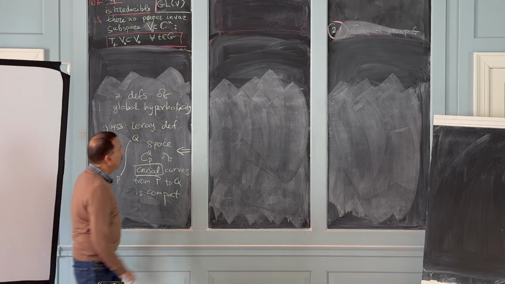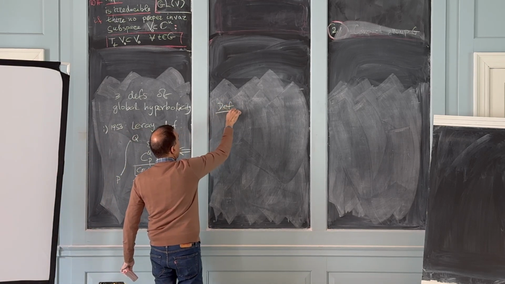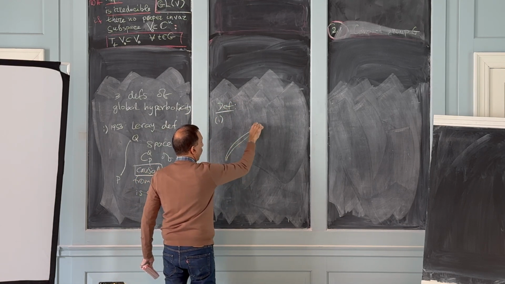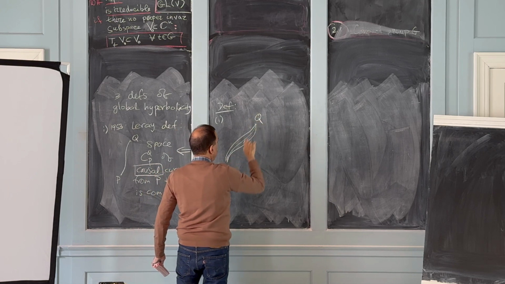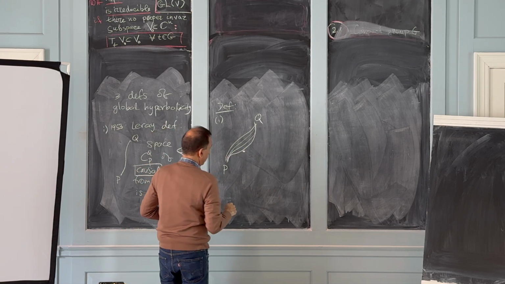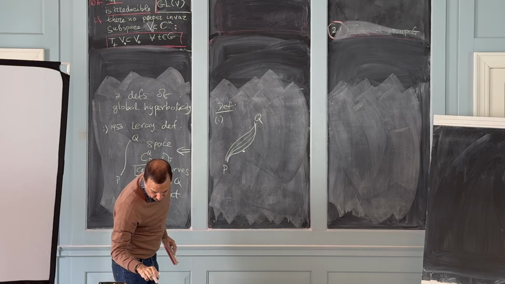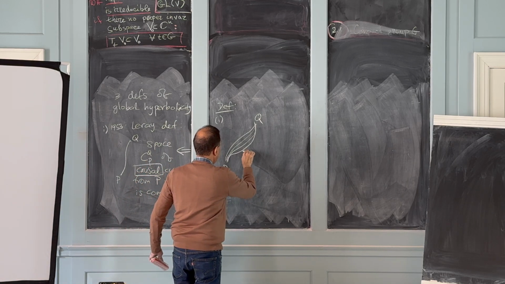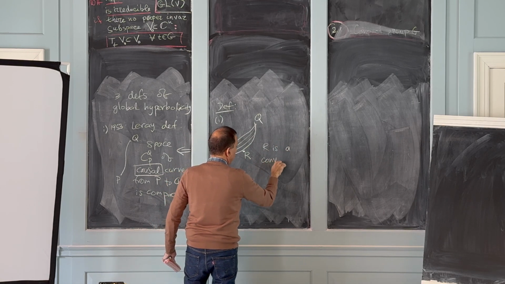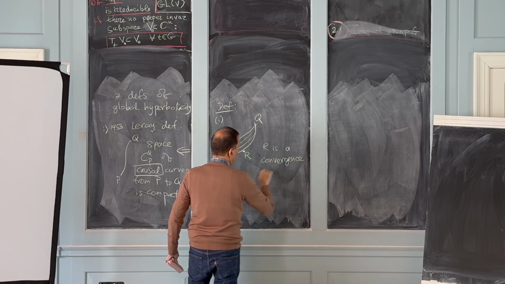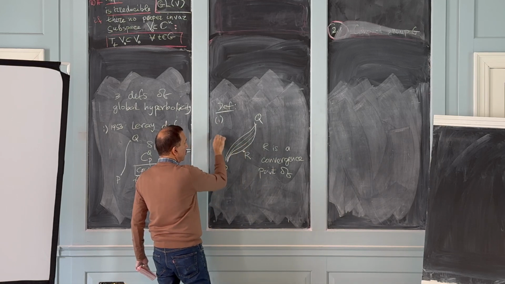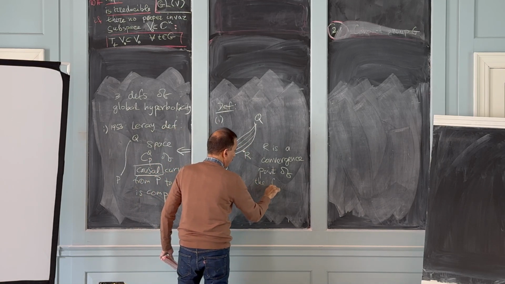So the first step is to make a couple of definitions. Let's say I have a family of curves. I'll fix a P and a Q, and I'll imagine there's a family, and I'll pick a point here that I'll call R, and we'll say R is a convergence point of the family.